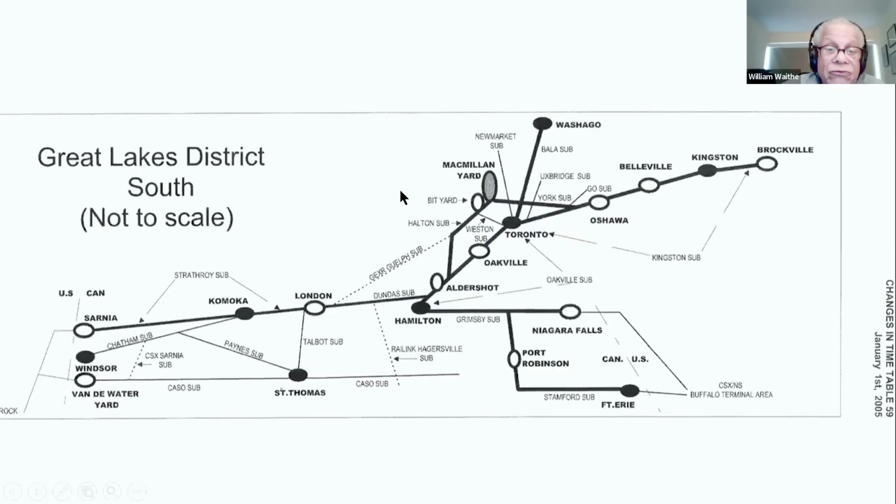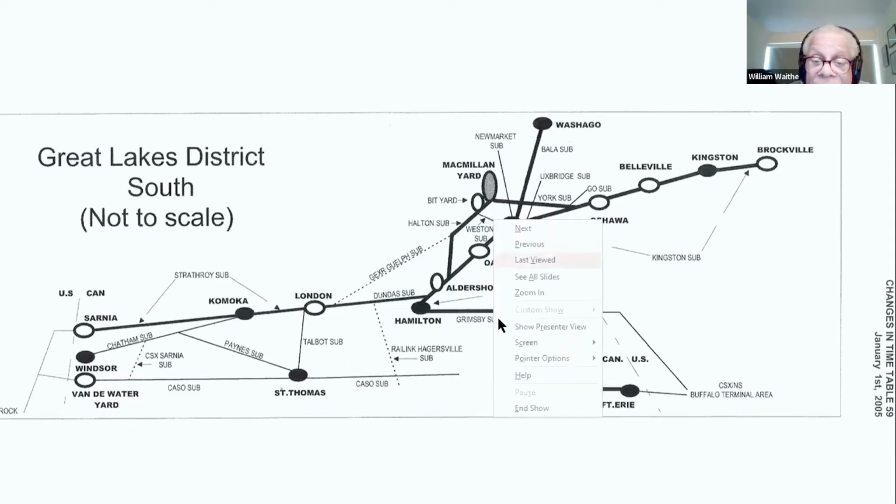So this is showing the map of the Great Lakes district of CN, of Canadian National. And the area that I'm modeling is the Weston sub, which is this small area. I'll just zoom in for a minute.